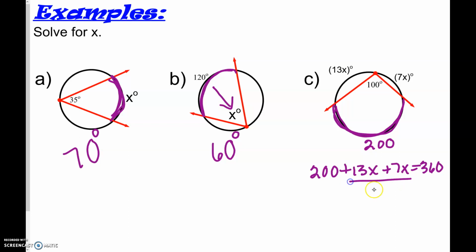If I add these two together I get 20x, and subtract 200 from both sides, I get 160. Now divide by 20, and x is going to be 8. I think they just wanted x, so we're done. That measure is going to be 8.